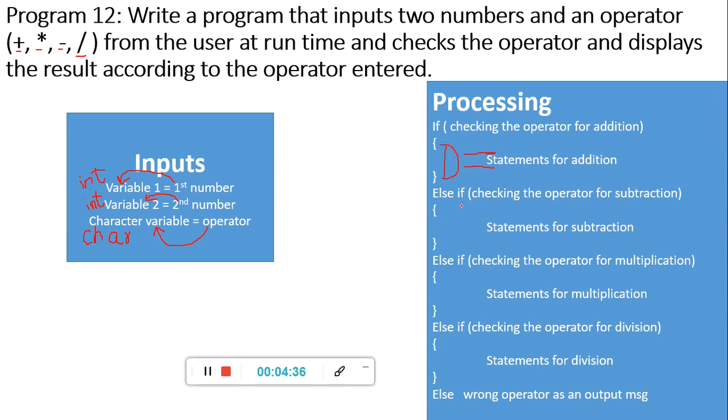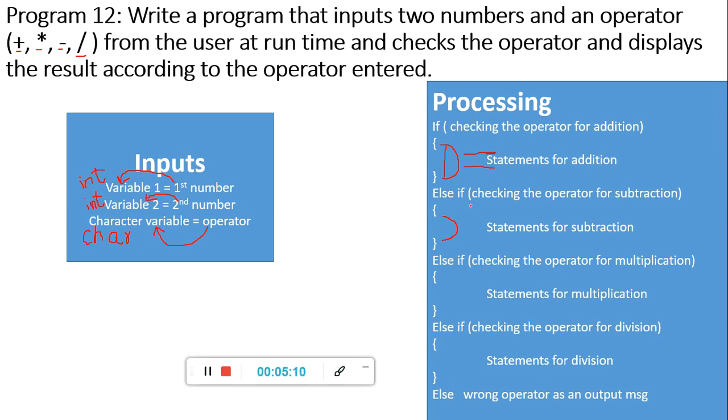After if, here comes else if. Else if is in small letters. So in else if we will again check, because if the user doesn't enter plus, we will check for the minus, hyphen. After checking, if the user has entered hyphen, we will write the subtraction statements in this block.